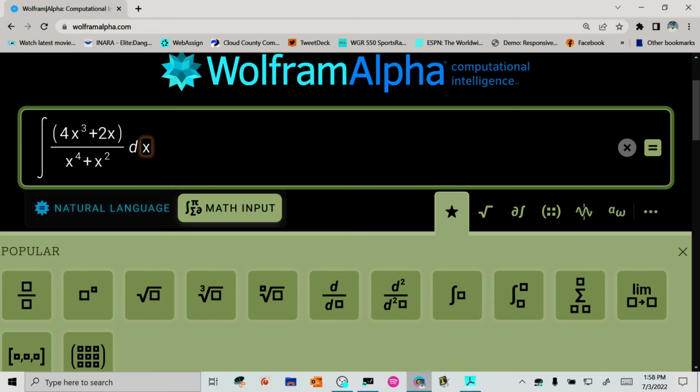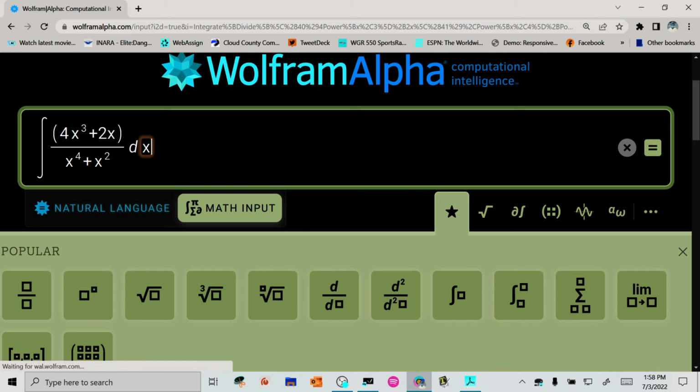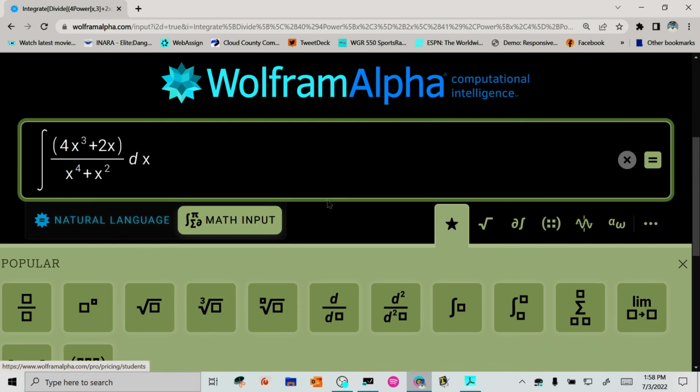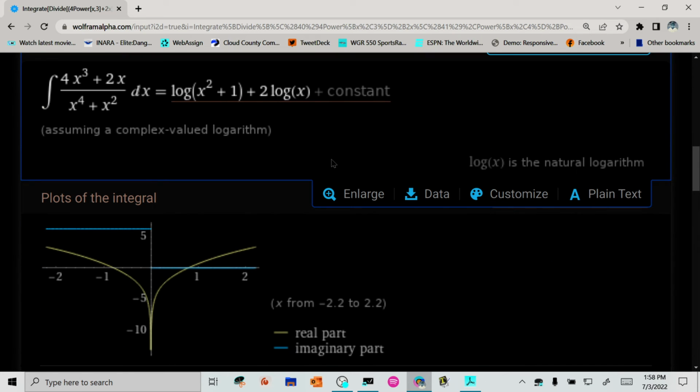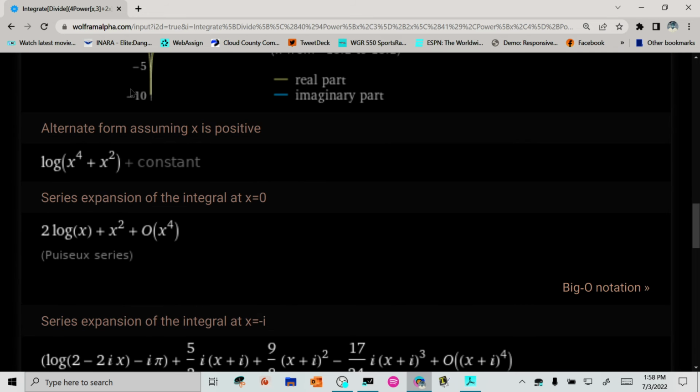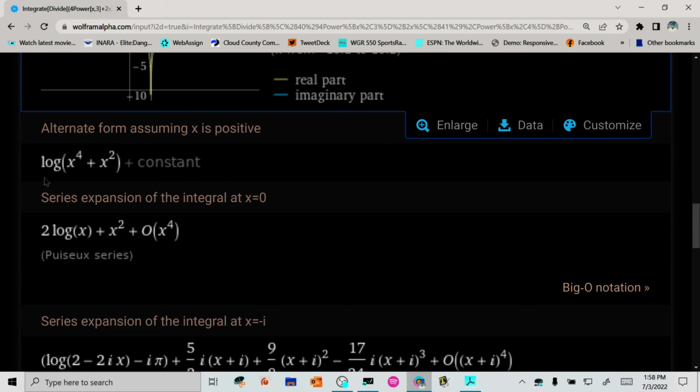And this is dx. So if I hit enter, it'll think for a second, and oh wow, you're going to get a really complicated problem here. Oh, this is an alternate form.